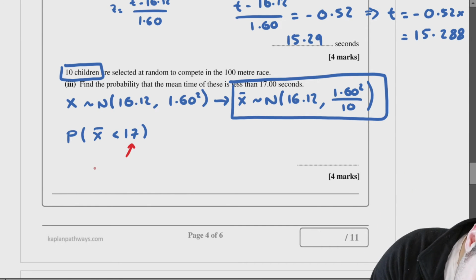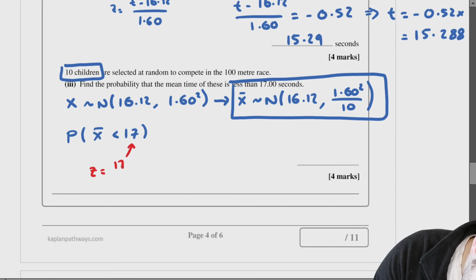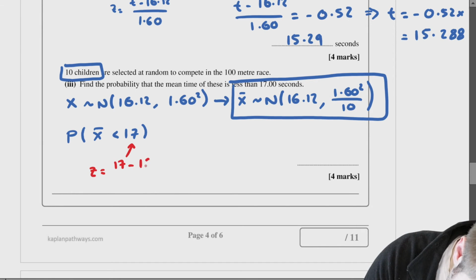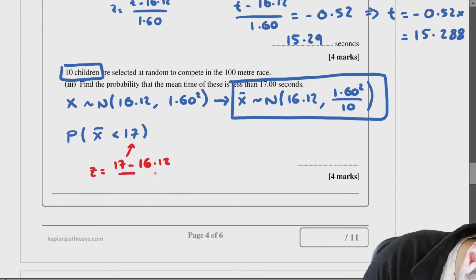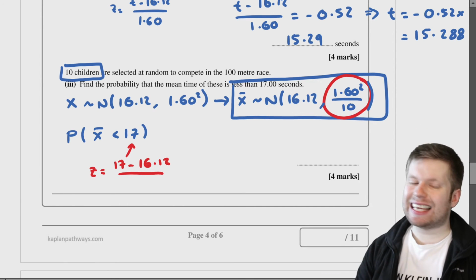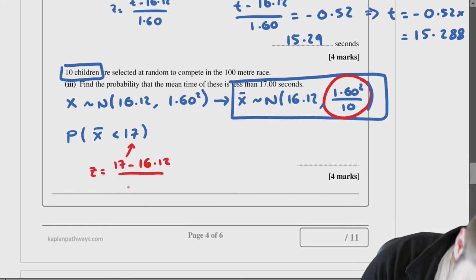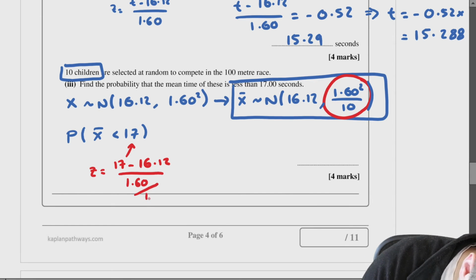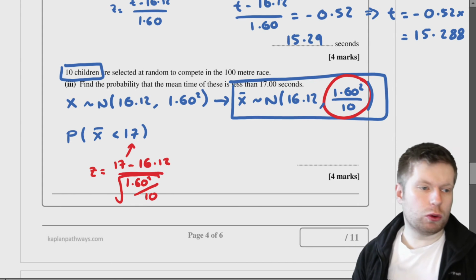So first of all, we need to standardize. z should be equal to 17, take away the mean, which is still 16.12, but now I need to divide by the standard deviation. If the variance is 1.60 squared divided by 10, the standard deviation is going to be 1.60 squared over 10, all square rooted.